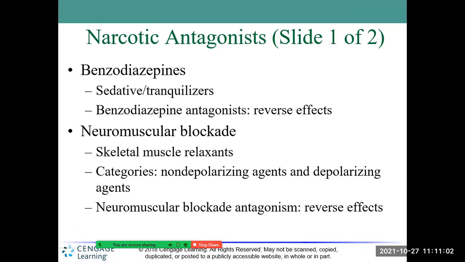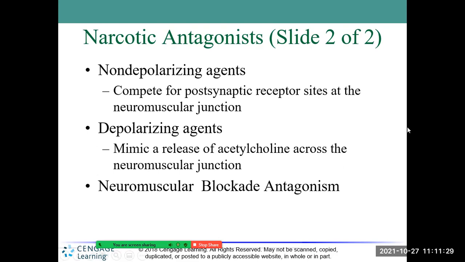Benzodiazepines, these are sedatives, and there are also benzodiazepine antagonists that are always used to help reverse those effects and bring the patient out of that sedative state. Then the neuromuscular blocks, these help with relaxing, and help with pain after the case as well. Then there are non-depolarizing agents, used to help reduce muscle contraction.